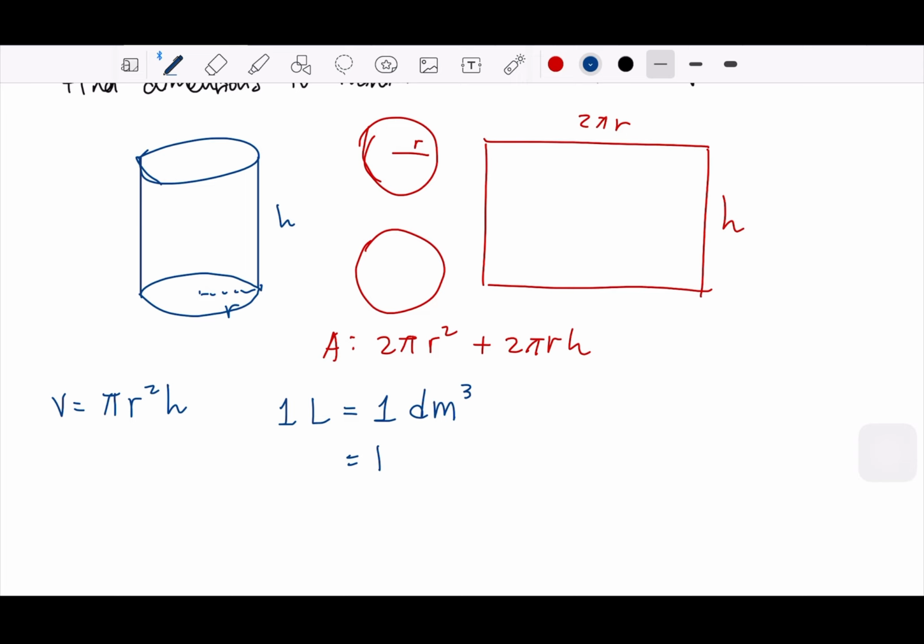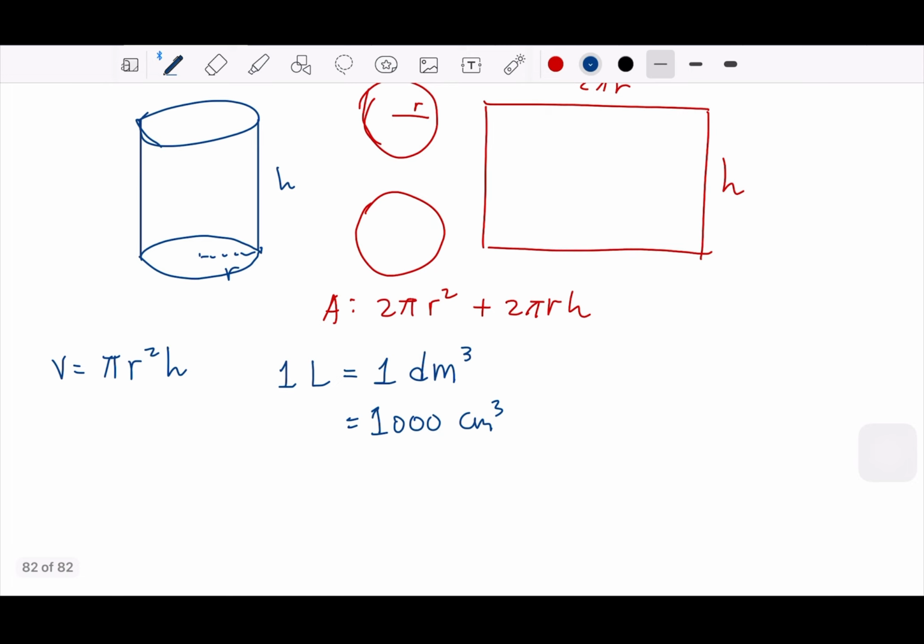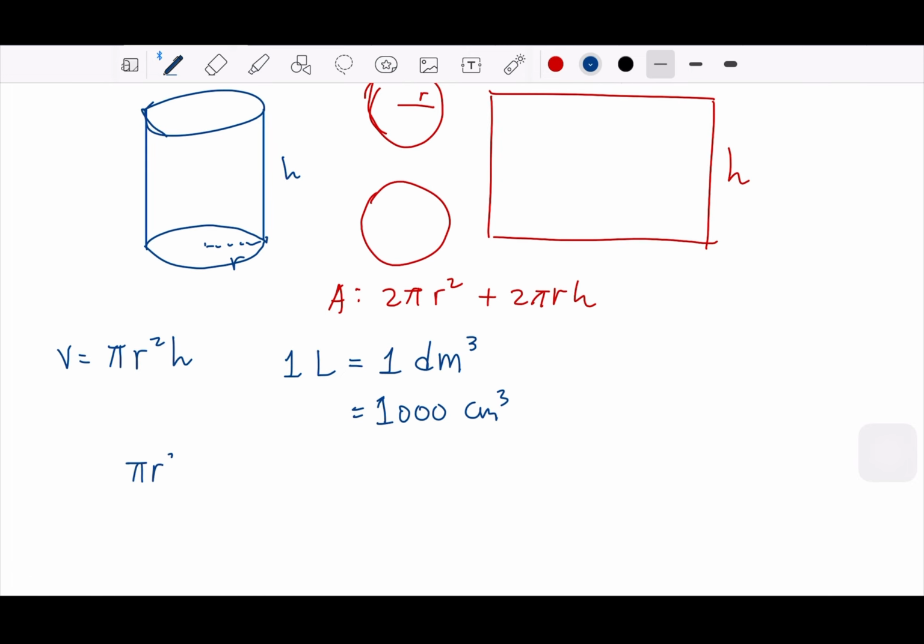So let me take this into centimeter cube, so that pi r squared h has the constraint of 1000. This is our constraint, and this is our optimization.